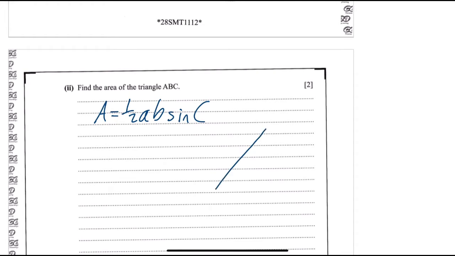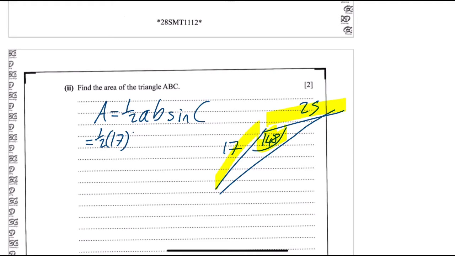So I'm just going to draw that wee triangle out again that we had. That was 17, that was 25, and the angle between them was, what have I just worked out? 148. Again, we've got a side, and their included angle. So half ab sine C. You just fire that into your calculator, half times 17 times 25 times sine of 148, and what I got was 112.6078.